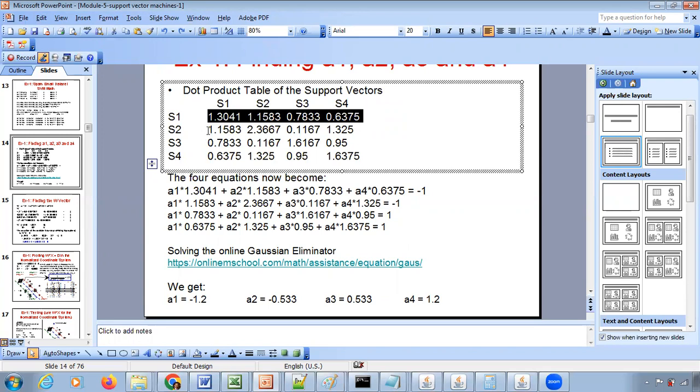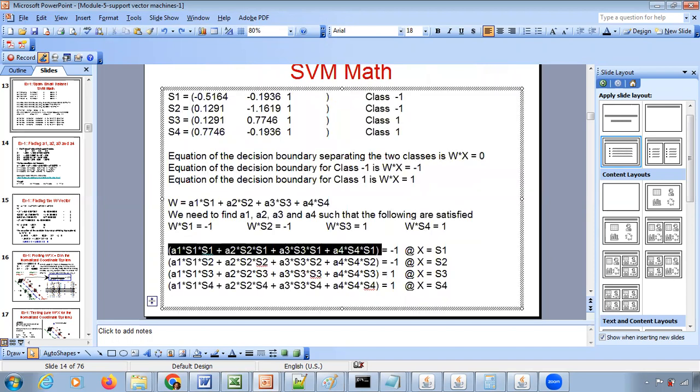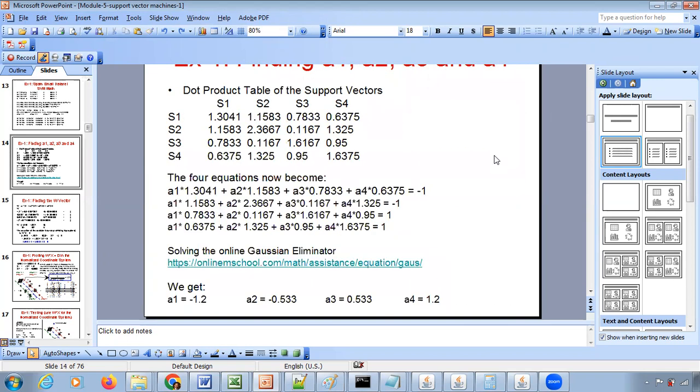So it's going to be like A1 times 1.3041 plus A2 times 1.1583 plus A3 times 0.7833 plus A4 times 0.6375. So that's these 4 terms, and it's equal to -1. That's the equation we have.